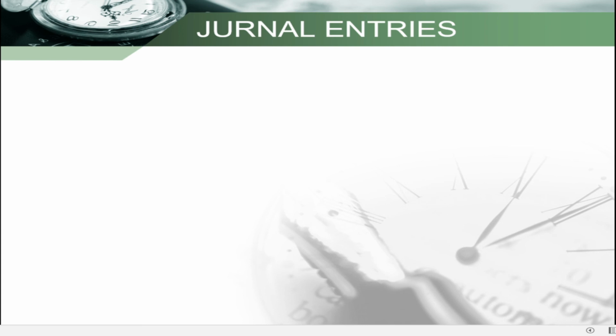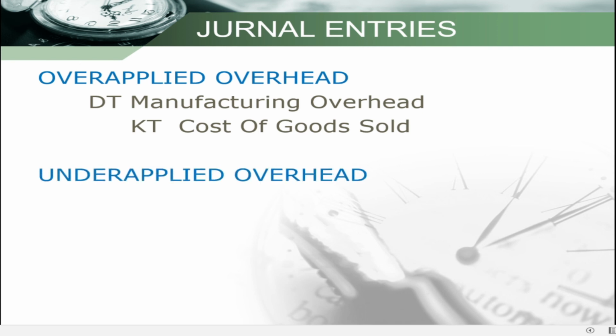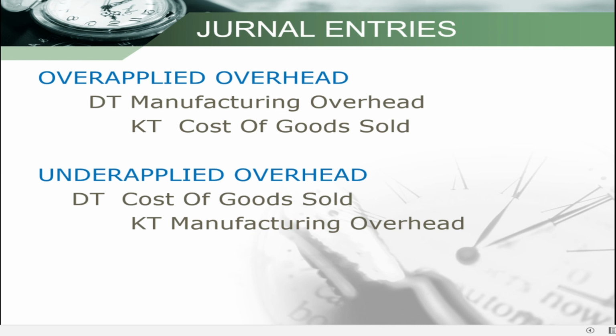The journal entry for over applied overhead: manufacturing overhead should be debited, then cost of goods sold should be credited. For under applied overhead, cost of goods sold should be debited, then manufacturing overhead should be credited.